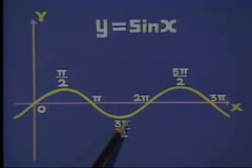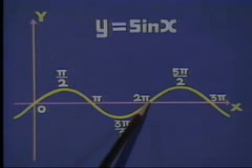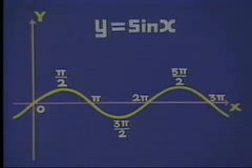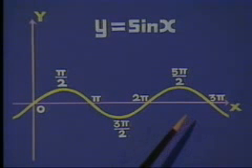It again starts rising as we move from 3 pi by 2 to 5 pi by 2. But remember one thing, to see whether a graph rises or falls, you should move only from left to right and not in the opposite direction, because left to right is the direction in which x increases.